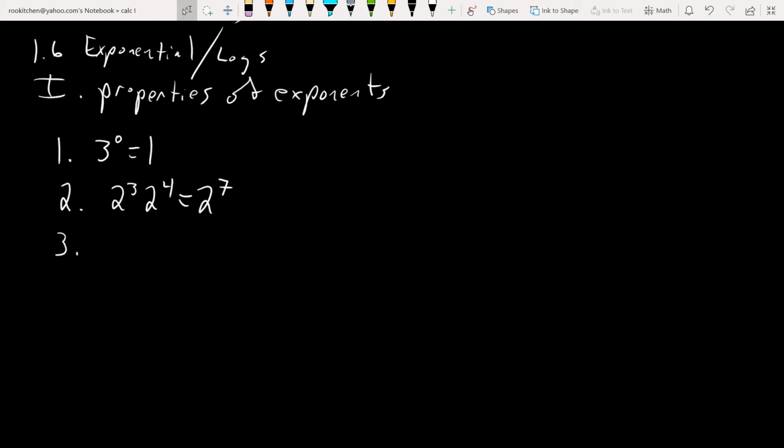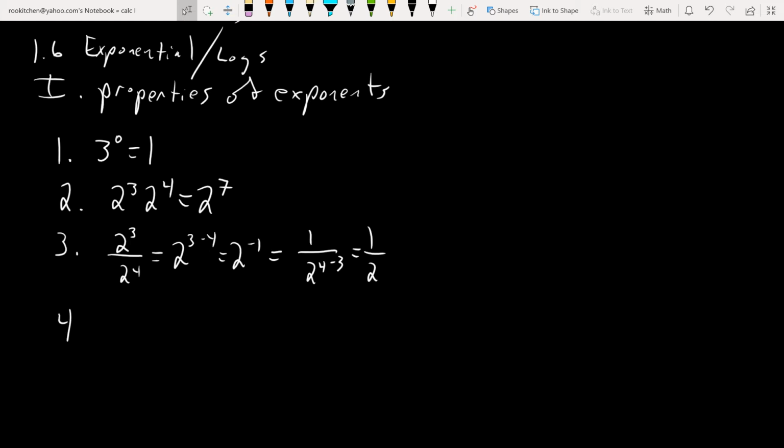If you have like bases and you're dividing, so let's say I have 2 cubed over 2 to the 4th, you subtract the exponents. And you can go in either way. You can bring the bottom one up, in which case you get 2 to the 3 minus 4, which is 2 to the negative 1. Or you can bring the top one down, so you get 1 all over 2 to the 4 minus 3, which would be 1 all over 2 to the 1.